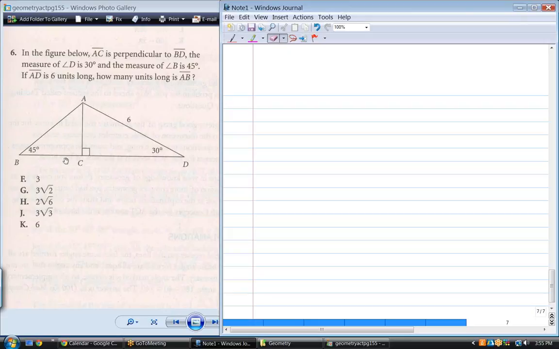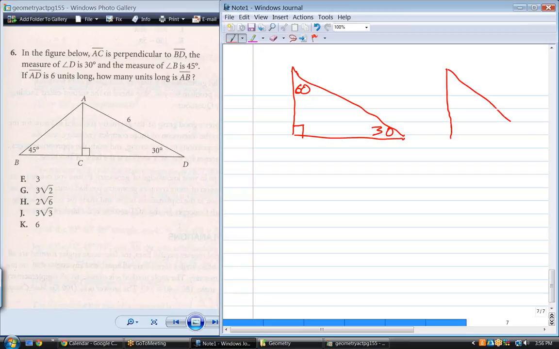Well, it's time to talk about the two special triangles that you want to memorize. And they are a 30-60 right triangle and a 45-45 right triangle.